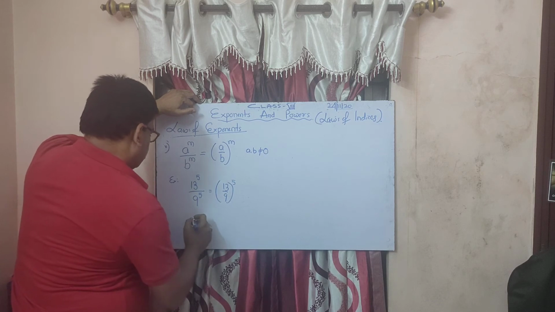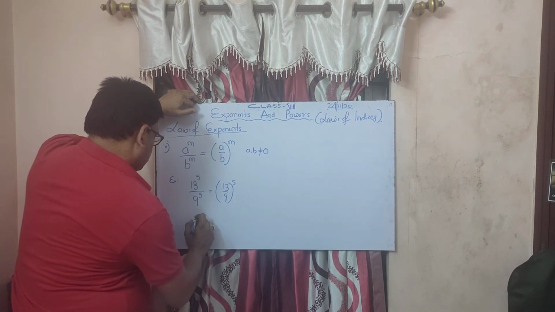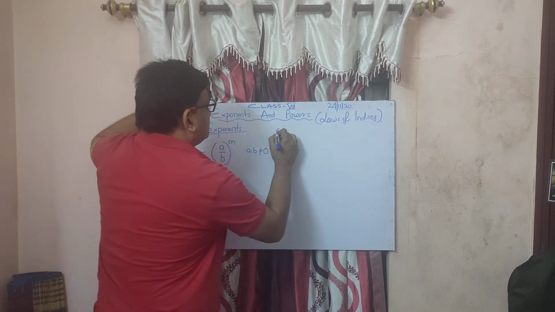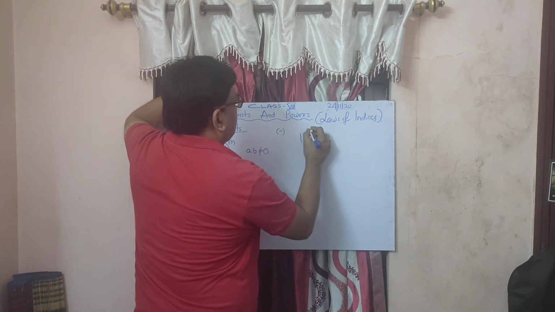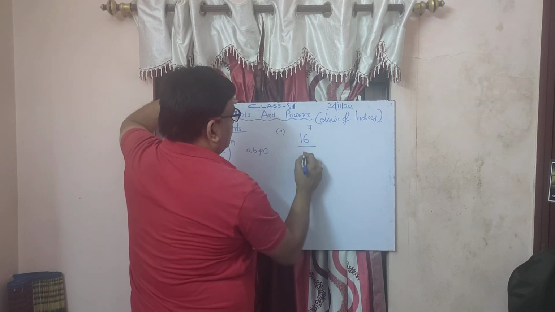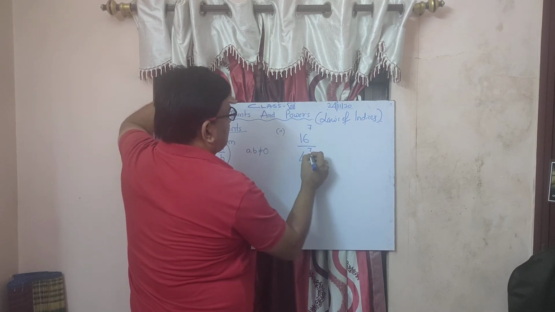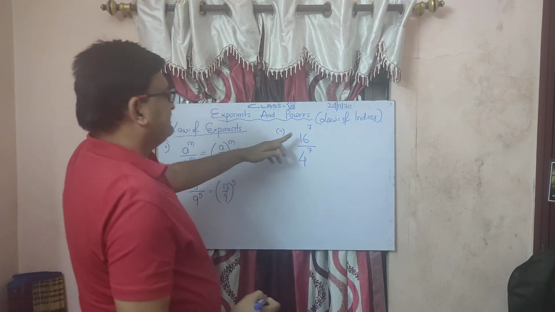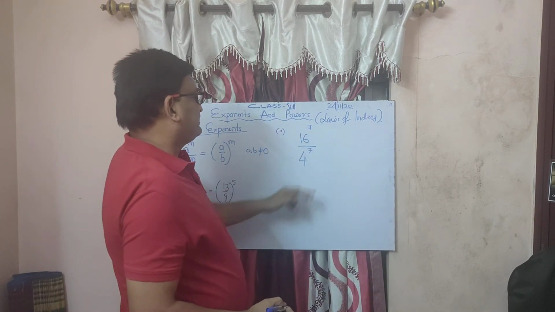Another example, 16 to the power 7 and 4 to the power 7. You can see the bases are different and the powers are the same.